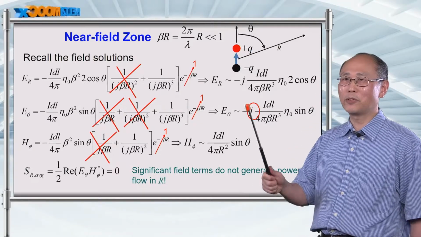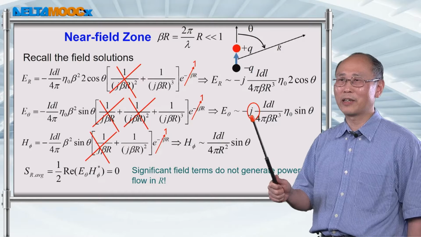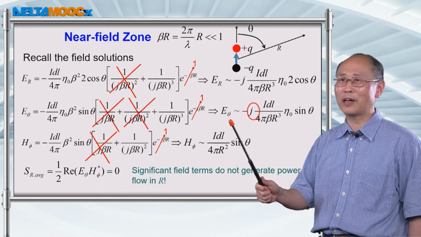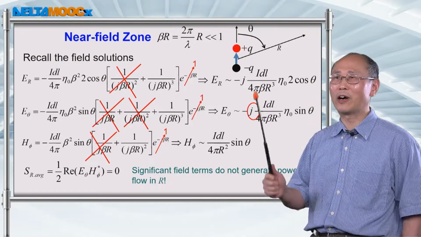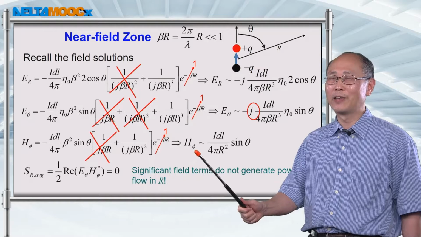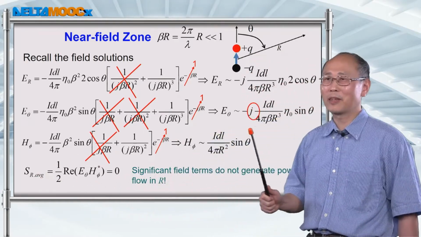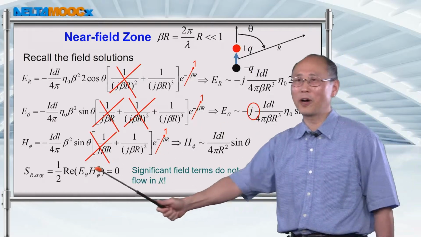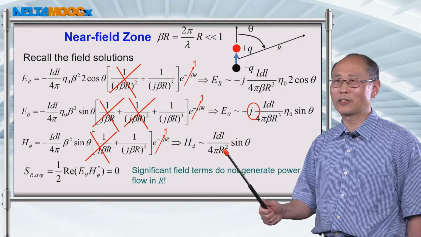And I want you to pay attention to the imaginary unit j in E_theta, because if you want to know the radiation along the R direction, then we're going to cross E_theta with H_phi to calculate the Poynting vector along the R direction. But when we take the real part of this expression, we found that you have j here, and this is not a real number.